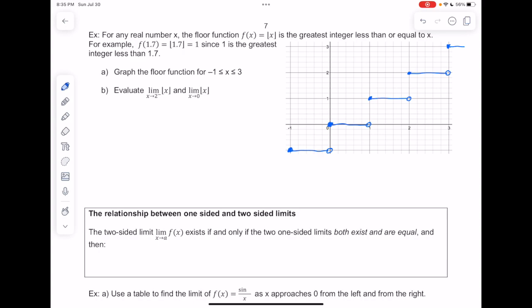So the floor of negative 0.376 is equal to negative 1, because the greatest integer that is less than or equal to negative 0.376 is negative 1.